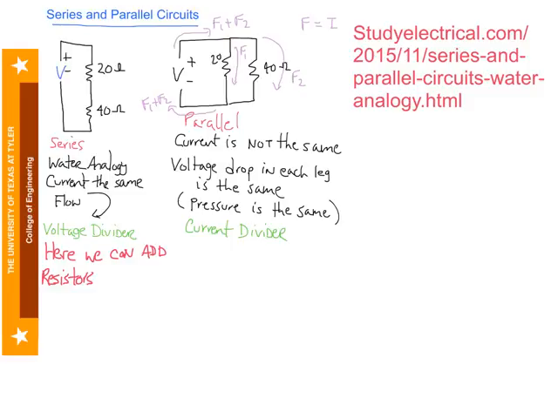So we can say R1 plus R2 to get R total, right? And I'll use RT for R total. R1 plus R2 equals R total. On the other hand, here we cannot. So in the parallel circuits, here we cannot.